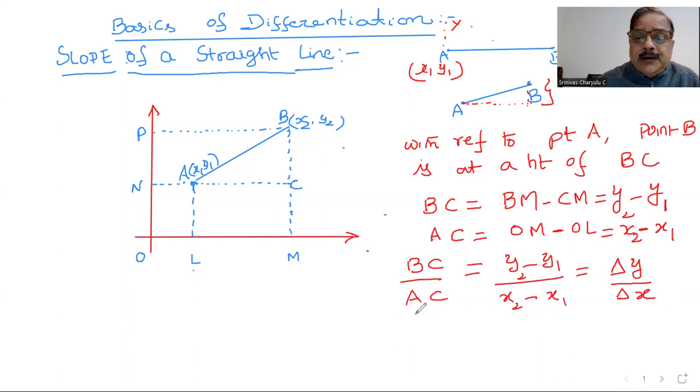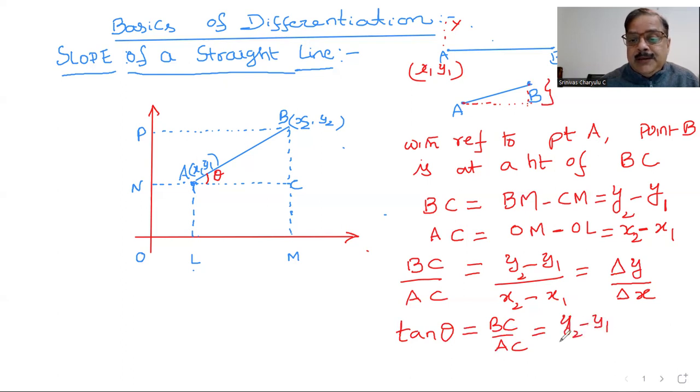Now, if you know the trigonometry, for example, ABC forms a right angle triangle. What is tan theta? Tan theta is also called BC by AC. This is nothing but y2 minus y1 by x2 minus x1.